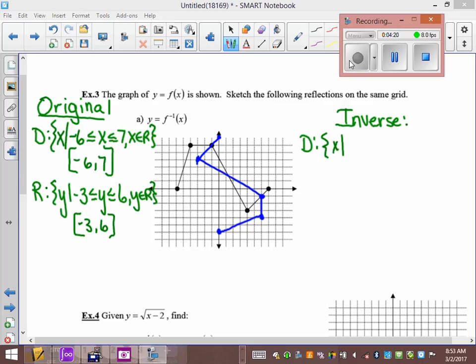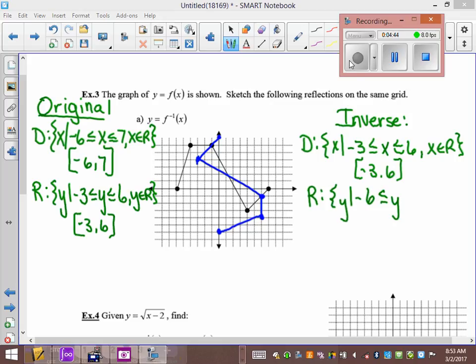X such that negative 3 is less than or equal to x is less than or equal to 6, x in the reals. Or I can just take this interval notation and write it, and I didn't even have to put in x's because interval notation doesn't have the letter. Then my range is just my domain with y's. So y such that negative 6 is less than or equal to y is less than or equal to 7, y in the reals.